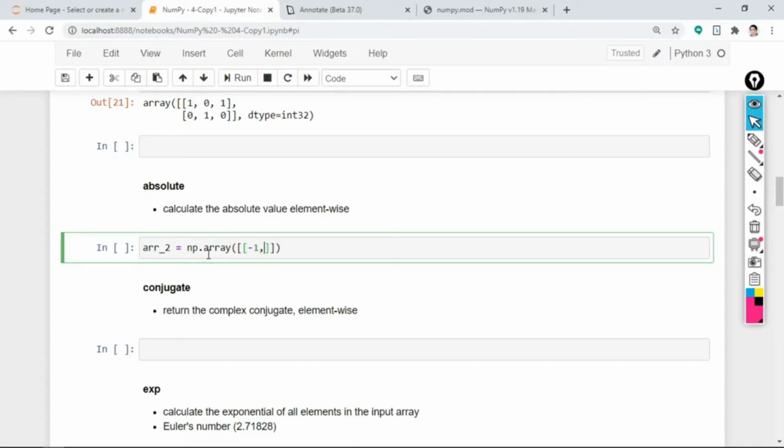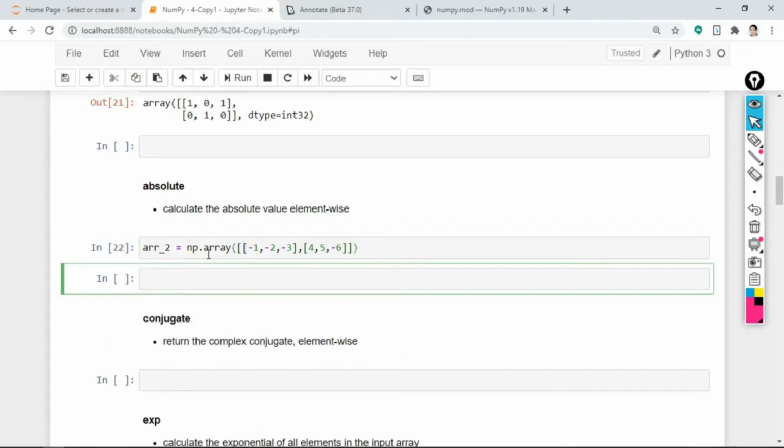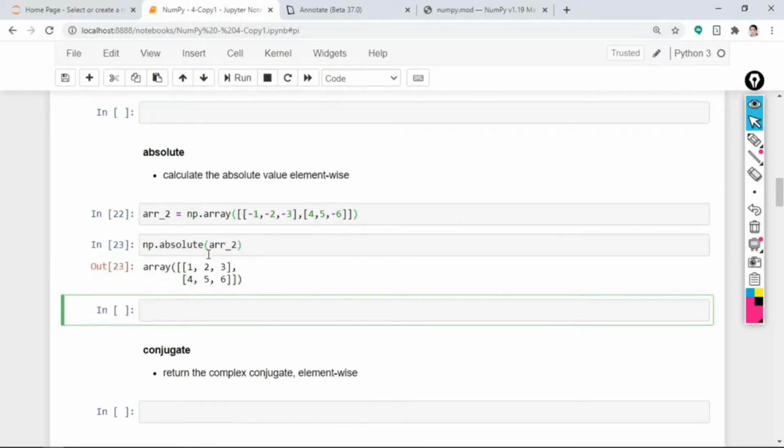So for example, -1, -2, -3, then separated by comma again, 4, 5, for example -6. So we have array2, and we use np.absolute on array2. Alt enter. All the negative values will be converted to positive because of the absolute value function.